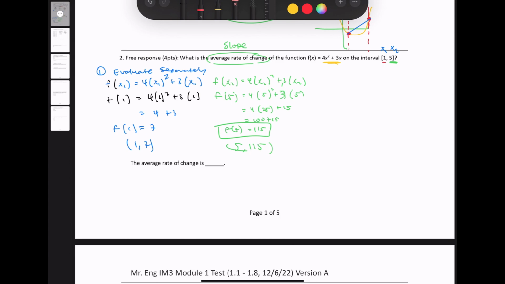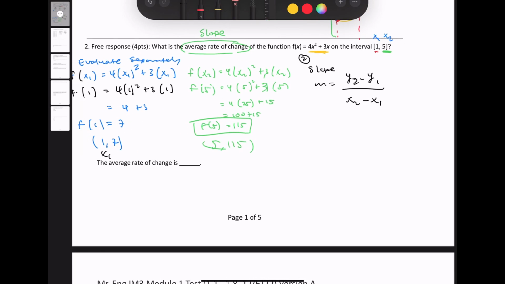And now we're going to use our slope, or average rate of change. m equals y2 minus y1 over x2 minus x1. This is x1, y1, x2, y2. And don't forget it has a minus sign. Use substitution with parentheses.